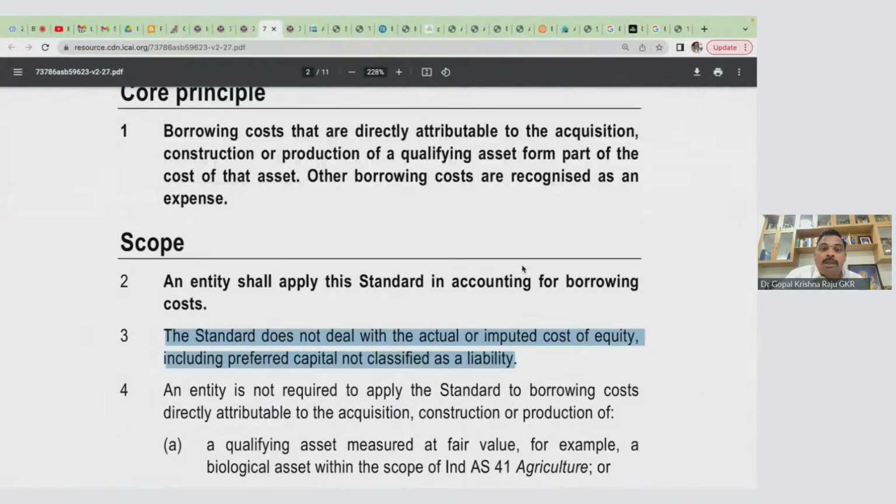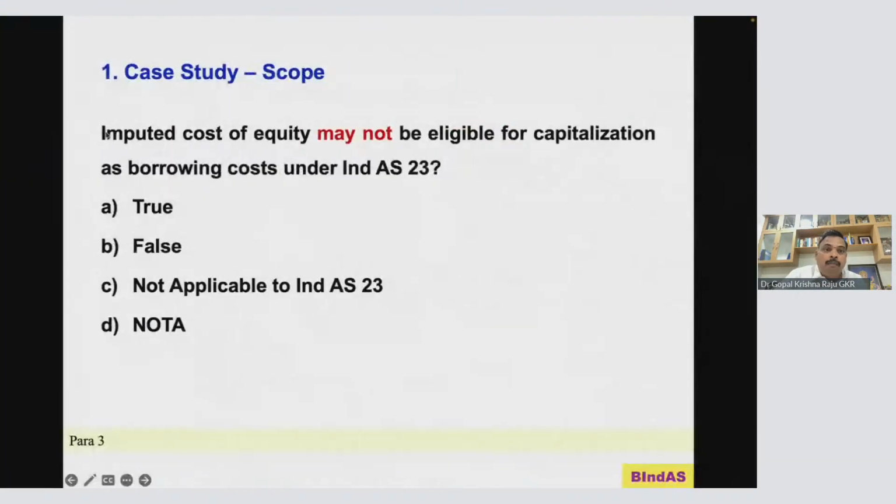Now I'm coming to this question. Imputed cost of equity may not be eligible for capitalization as borrowing cost under IndAS 23. Is it true, false, not applicable to IndAS 23, or none of the above applicable? Actually, what is imputed cost of equity?